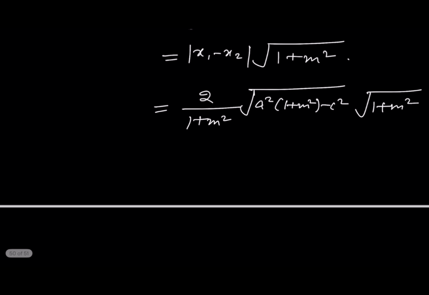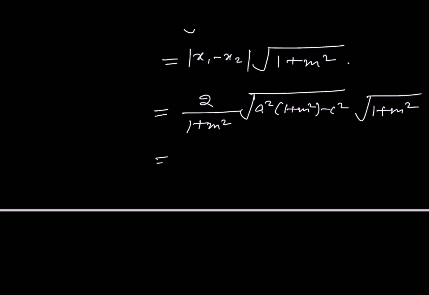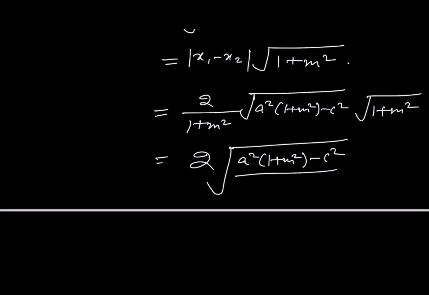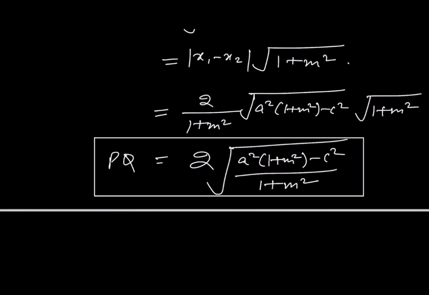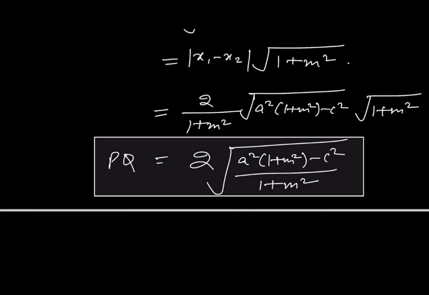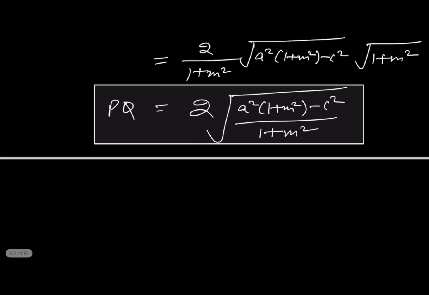So after simplification it will be 2 times root over (a square times (1 plus m square) minus c square) upon 1 plus m square. This is PQ, or the length of chord, right? Now if we remember this formula for length of chord, then we can directly answer.